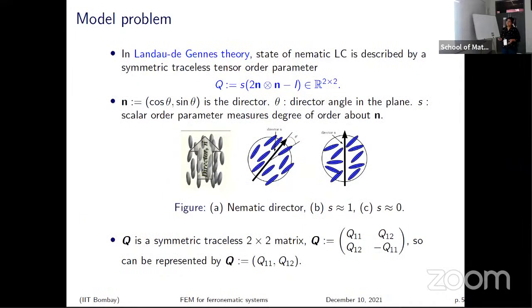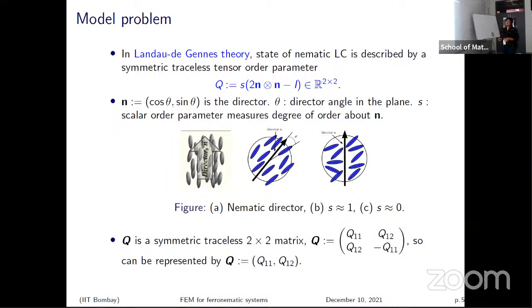In Landau-de Gennes theory, the state of the nematic liquid crystal is described by a symmetric traceless Q-tensor, which is given like this, where n is the unit vector and it represents the average molecular direction in nematic liquid crystals. Theta is the related angle in the plane.